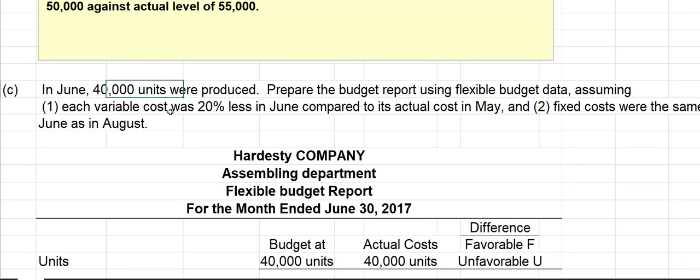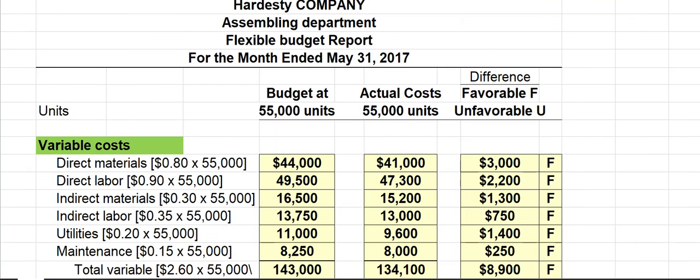And the variable cost, actual variable cost, was 20% less than it was in the month of May. And so if you took each of these actual costs and multiplied by 20% and then subtract, you would get the actual cost for the month of June.